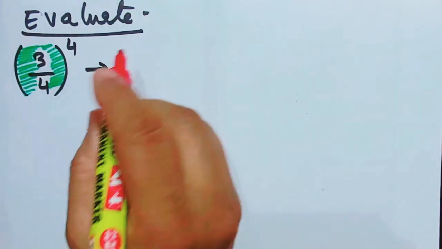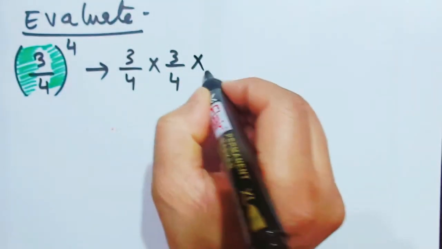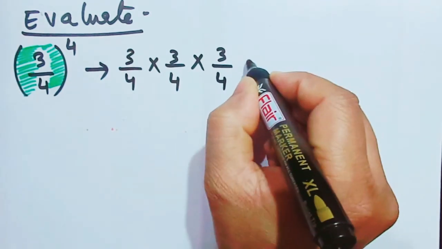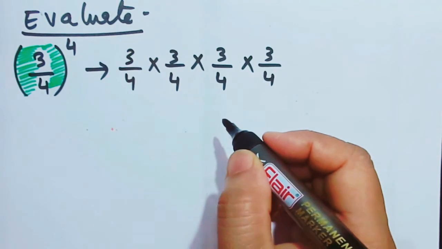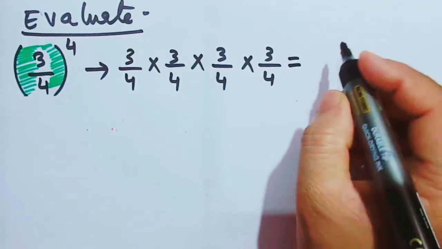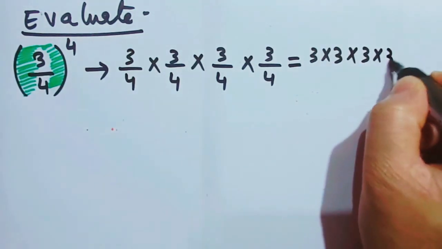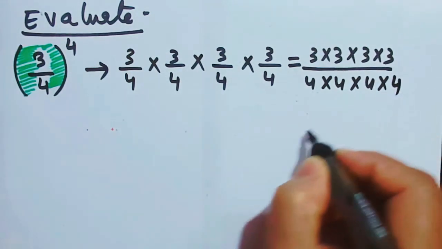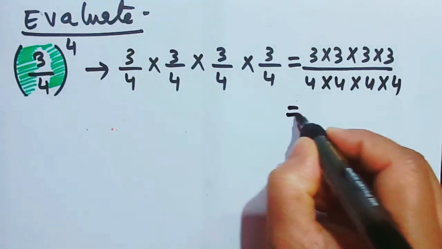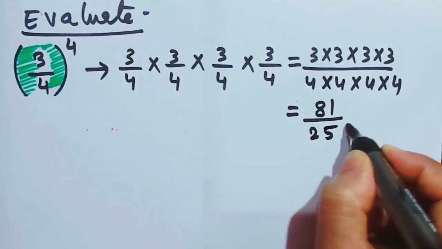So let us check. This can be written as 3 by 4 times 3 by 4 times 3 by 4 times 3 by 4, isn't it? Or you can write the same as 3 into 3 into 3 into 3 by 4 times 4 times 4 times 4, and when you multiply this, you will be getting 81 by 256.